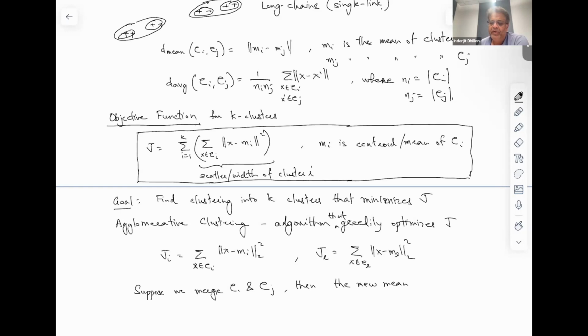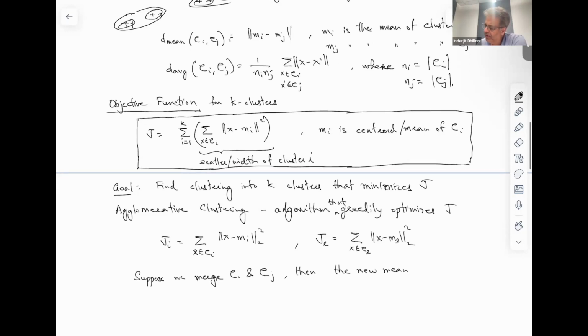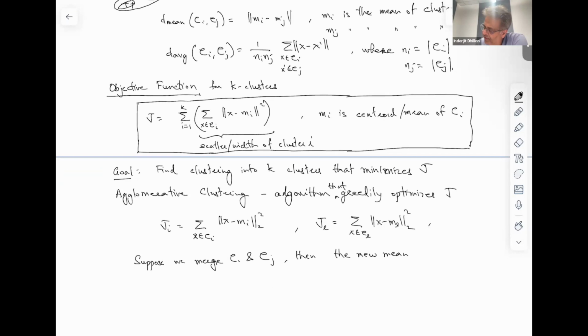Just to give the details, Mi is equal to 1 divided by Ni times the summation over x such that x belongs to Ci, and Ml is equal to 1 divided by Nl, the arithmetic mean over x belongs to Cl.